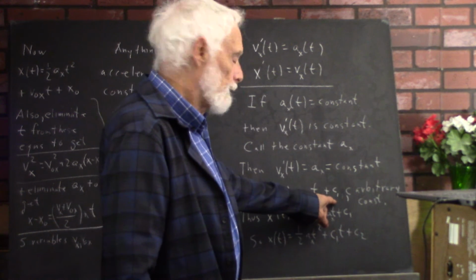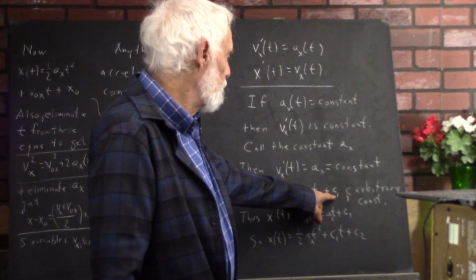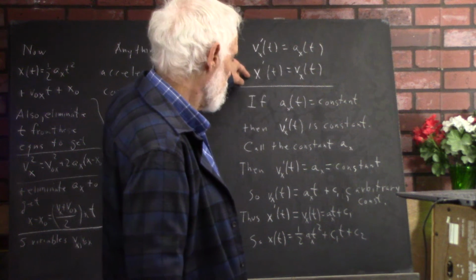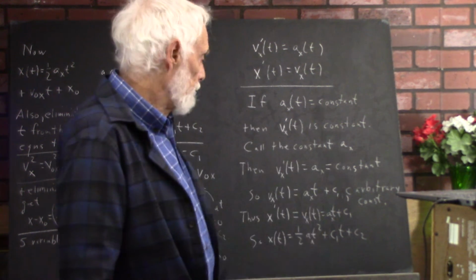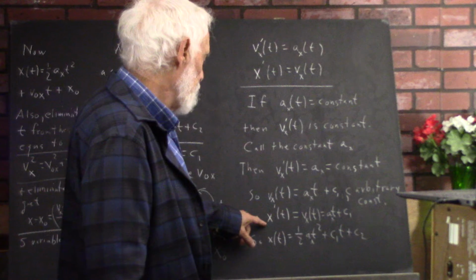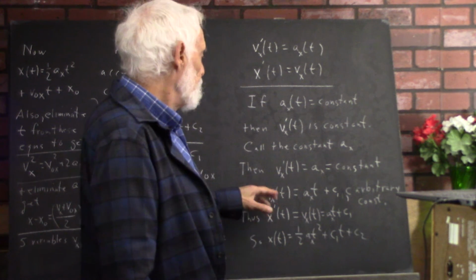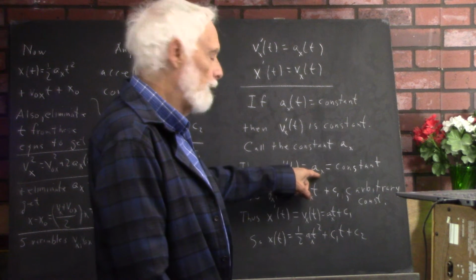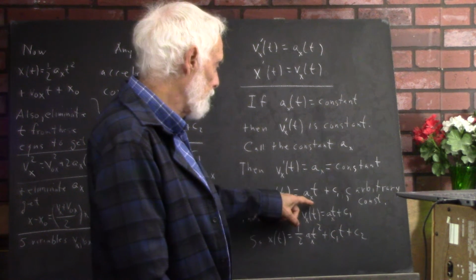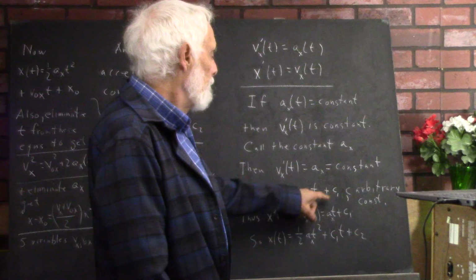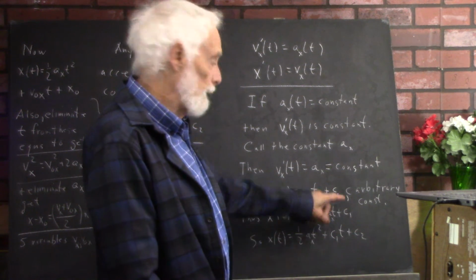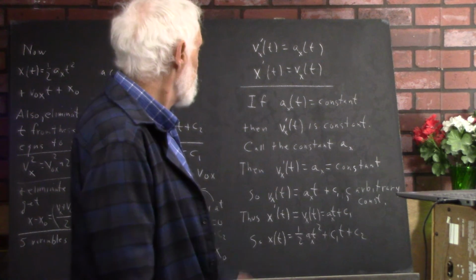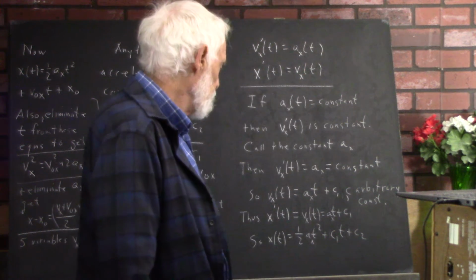Now, the integration constant, we're going to call that C1 because we're going to have to do another integration, and we're going to get another integration constant when we find x. Okay, so anyhow, it should be obvious that if the derivative of a function is equal to ax, which is constant, then that function has to be axt plus some constant that we call C1. Then x prime of t equals vx of t.